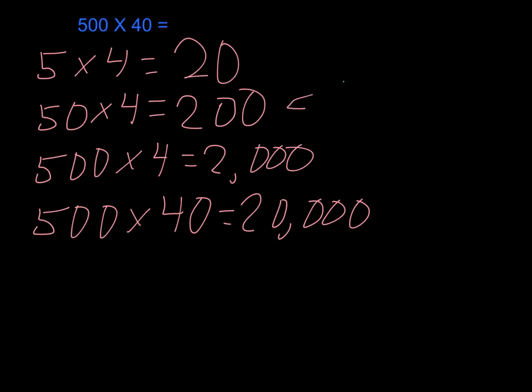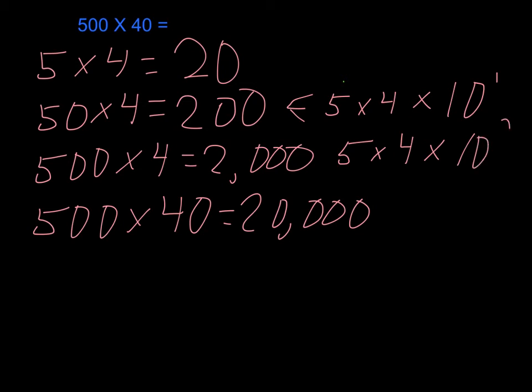It's important to understand that on this line here, we have 5 times 4 times 10 to the first power. And here we have 5 times 4 times 10 to the second power. And here it's 5 times 4 times 10 to the third power.